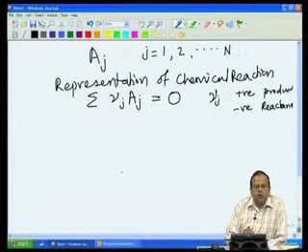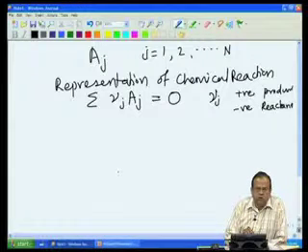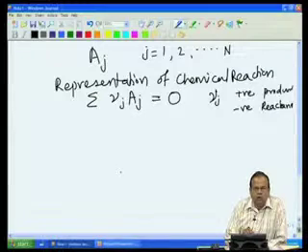Of course, when you have large number of species, it is unlikely that there is only one reaction occurring between them.